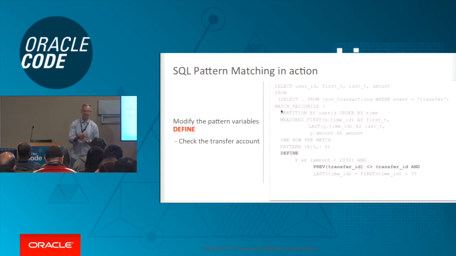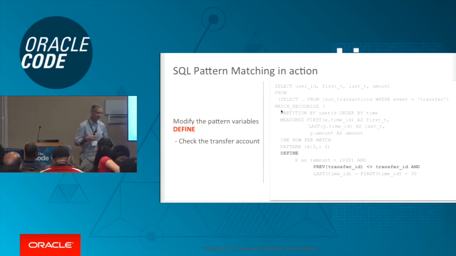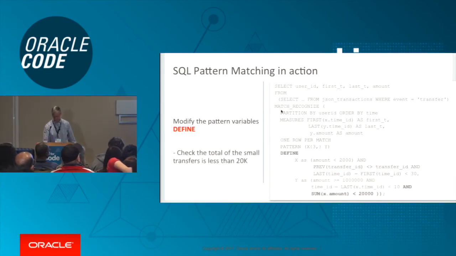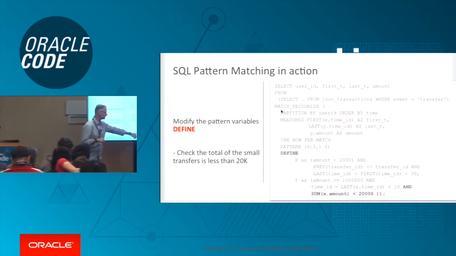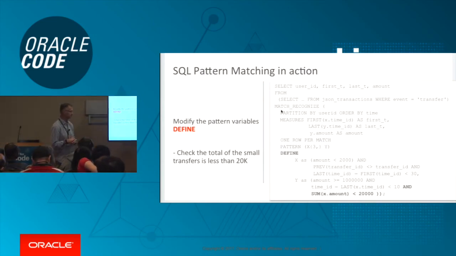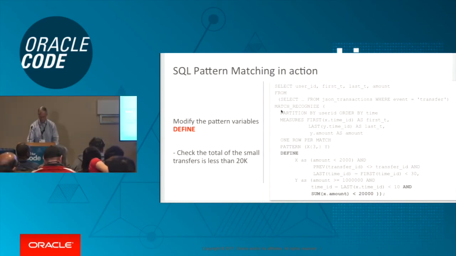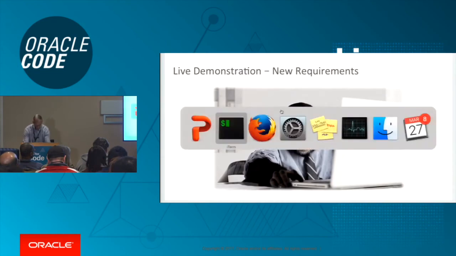It's very easy to identify by self-referencing within the X to the previous account that the money was transferred to. And the other requirement was that whenever a large transaction happens, I'm cross-referencing the other variable saying, okay, the sum of all the X events is less than 20K. So this was all that is necessary to get that done.